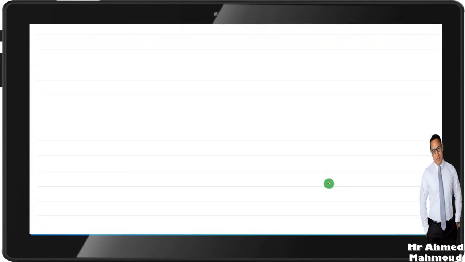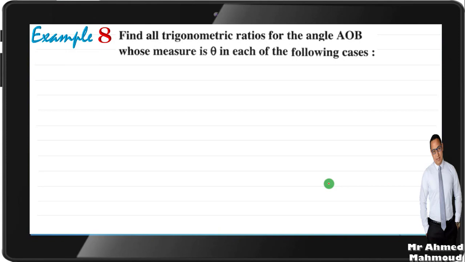Example 8. Find all trigonometric ratios for angle AOB whose measure is theta in each of the following cases. Number 1: theta belongs to pi over 2 and pi, tan theta equals negative 3 over 4.